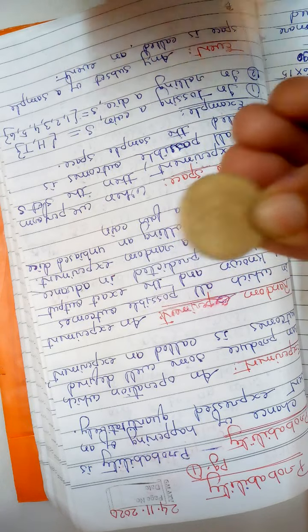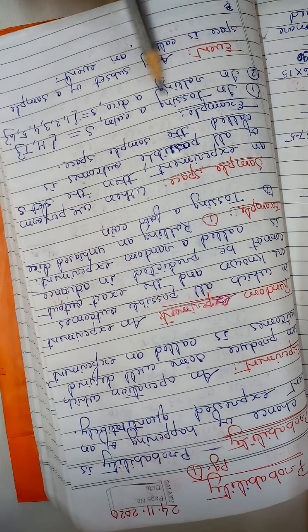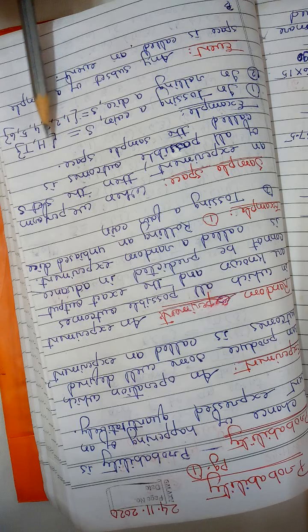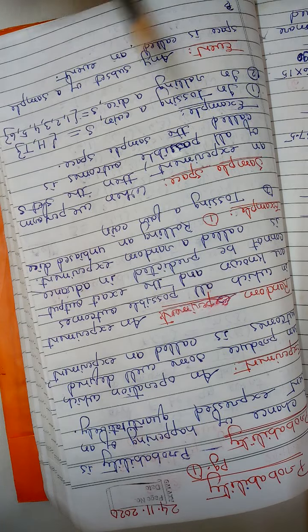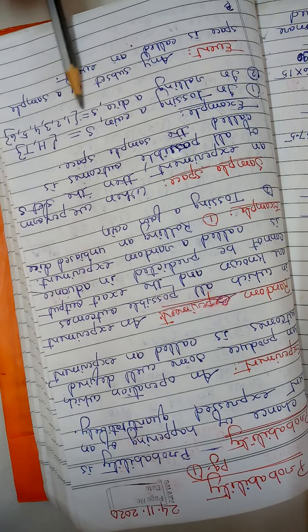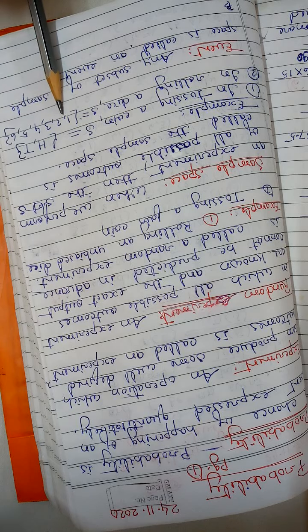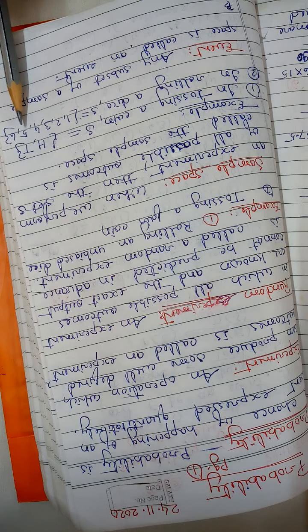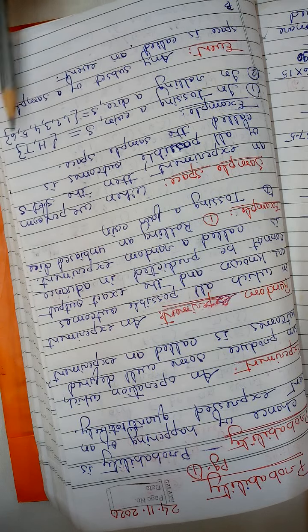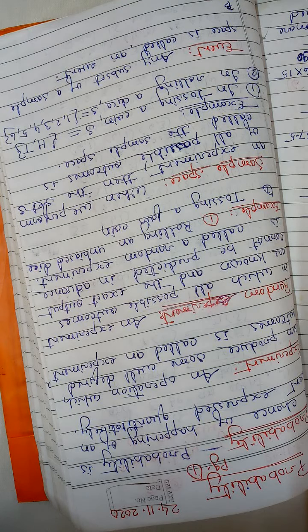So there are two possible outcomes in tossing a coin. So S equals {H, T}. And in rolling a dice, as there are 6 numbers, 1, 2, 3, 4, 5, 6, any one of these can be there. So the complete set of these possible outcomes is called a sample space.